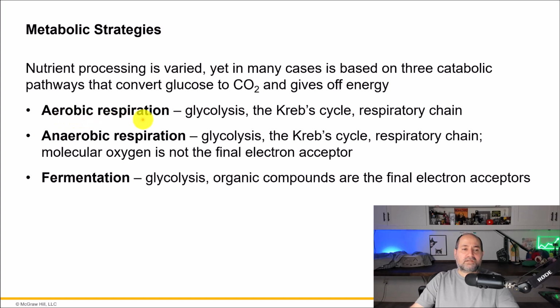And not only that, during aerobic respiration, glycolysis occurs, the Krebs cycle occurs, and the respiratory chain, which is essentially oxidative phosphorylation. During anaerobic respiration, glycolysis occurs, the Krebs cycle occurs, and again, oxidative phosphorylation or the respiratory chain occurs as well. However, the big difference between the two, you should write this down, is that for the most part, they're highly identical, except in aerobic respiration, the terminal electron acceptor at the end of the respiratory chain is oxygen.